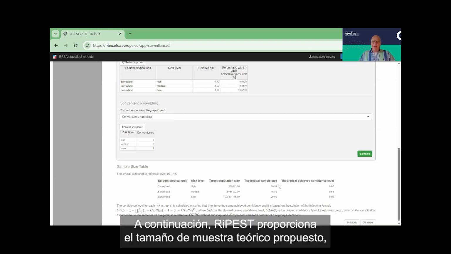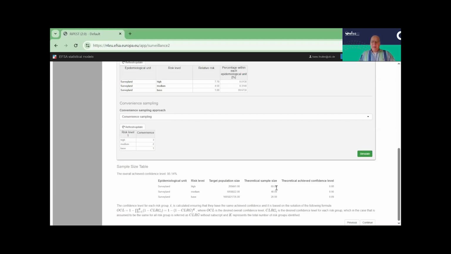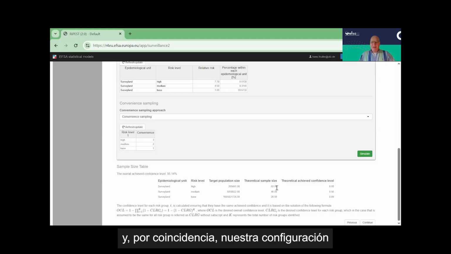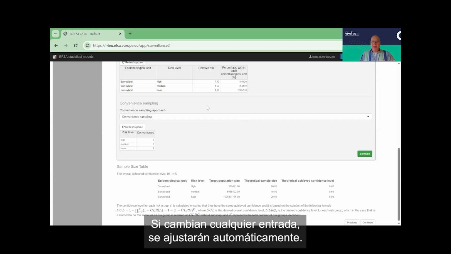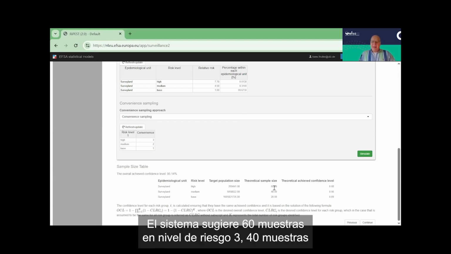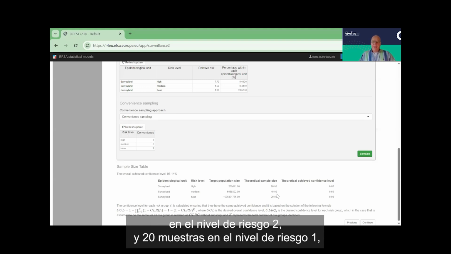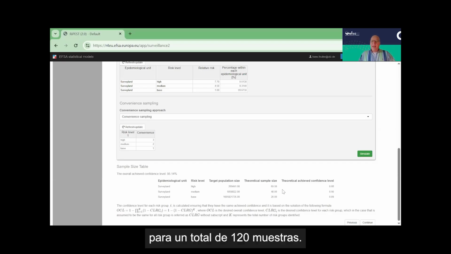And then we have the proposed theoretical sample size, which by accident in our configuration gives us these nice numbers. So it's really by chance, as we have chosen these. If you change one of them, they will change as well. So we have 60 samples in risk level 3, 40 samples in risk level 2, and 20 samples for risk level 1. That means in total we have 120 samples proposed.